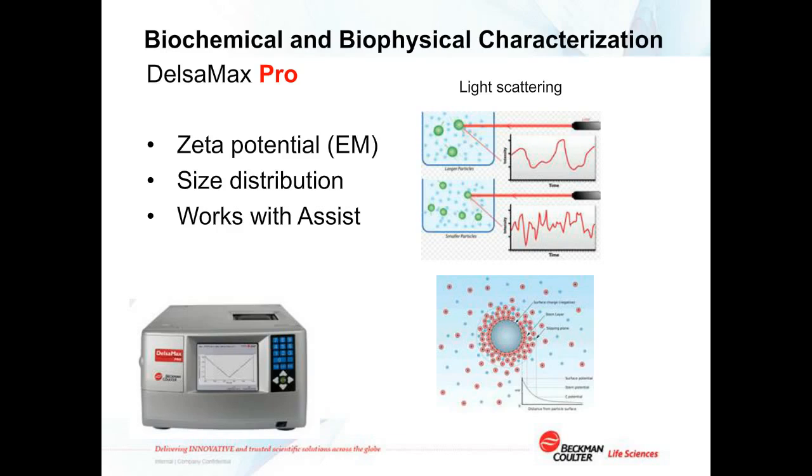Whereas with the DelsaMax Pro, it collects the light scattering information in parallel from many detectors simultaneously, allowing you to collect the information within a few seconds and therefore collect it before the protein is destroyed or degraded due to the application of the electric potential.